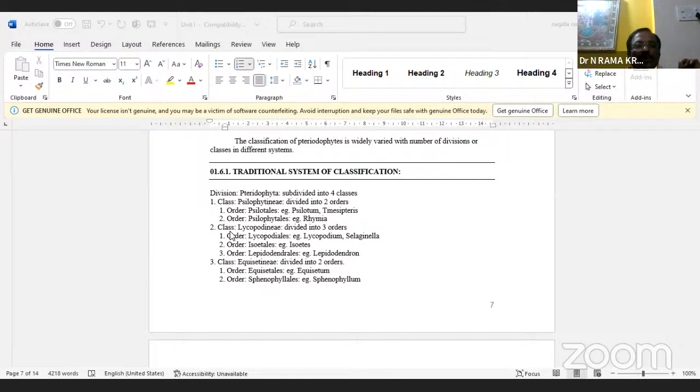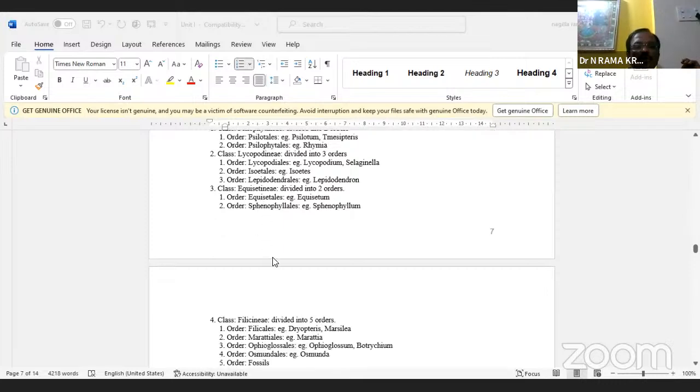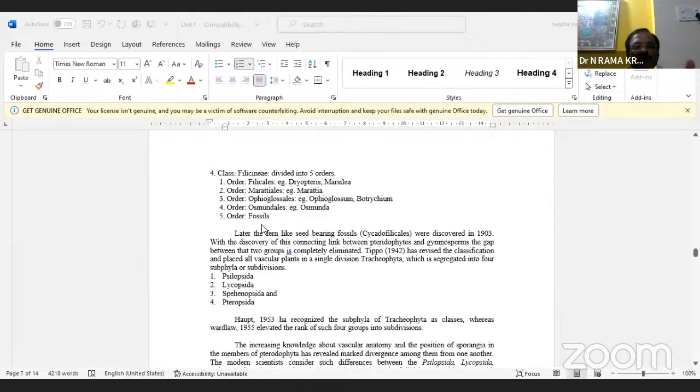In the second class, Lycopodiaceae, there are three orders, and the next one is a weak list. Whatever it may be, this is the first classification.